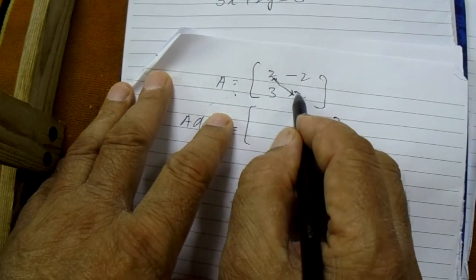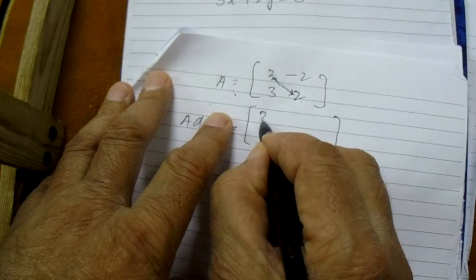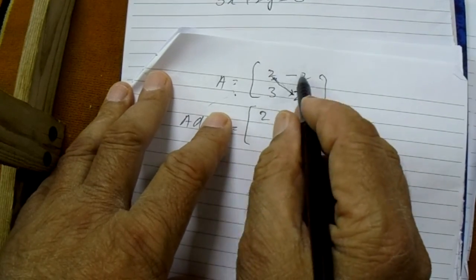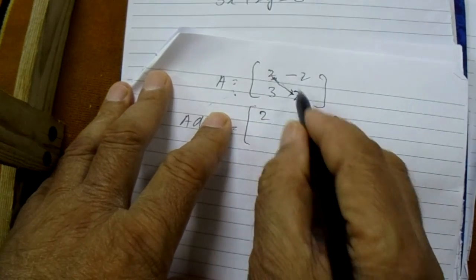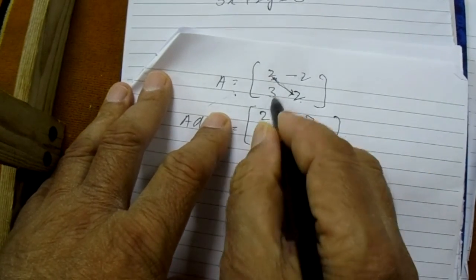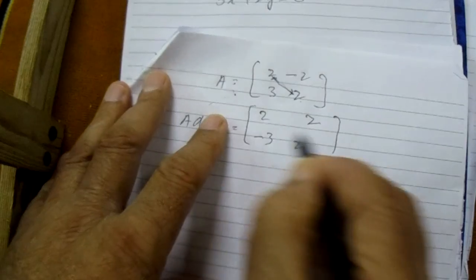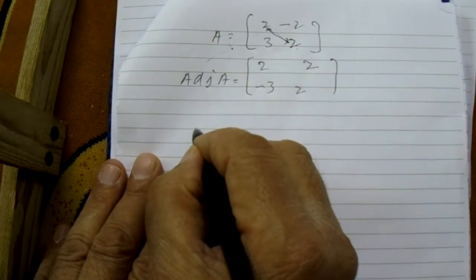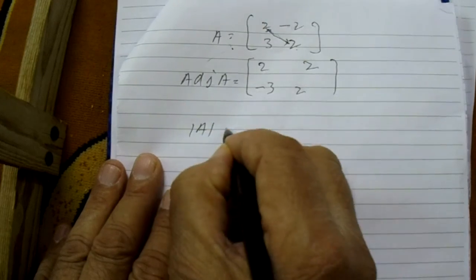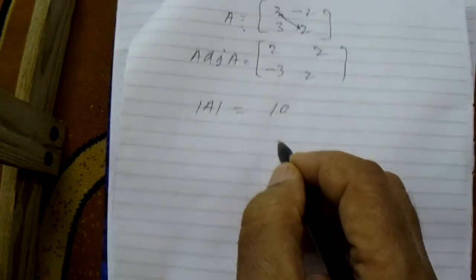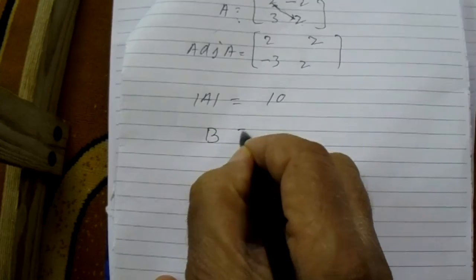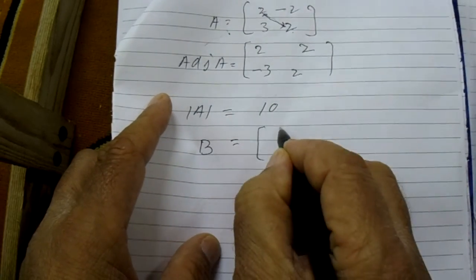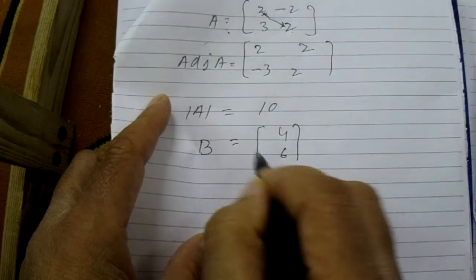So this is 2, this is also 2, and we change the signs of the other diagonal: minus 2 becomes plus 2, and plus 3 becomes minus 3. Now this is our adjoint A. We have determinant A is equal to 10, and B is equal to 4 and 6. Now this is our B.